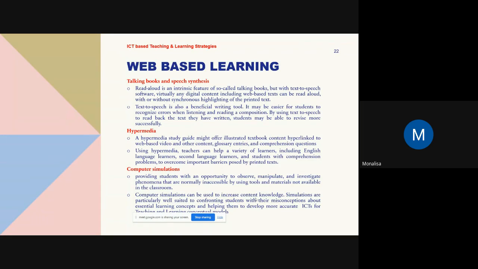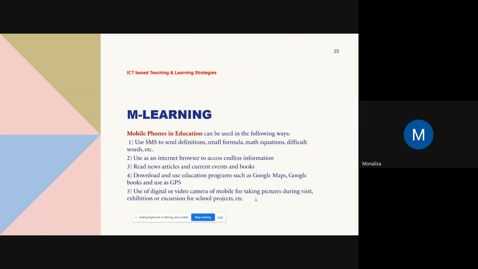Coming to the next strategy of ICT, that is M-learning or mobile learning. Nowadays our smartphones are glued to our hands. We use them for communication with family and friends, online activities, and games. But should we also use smartphones for learning?